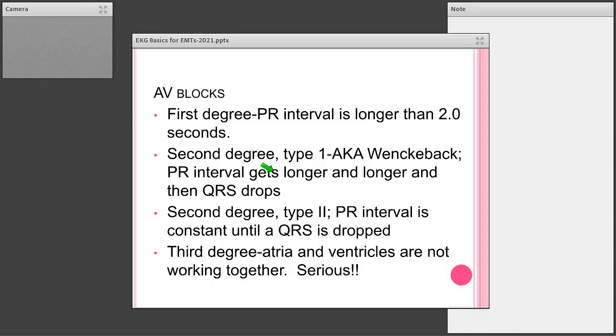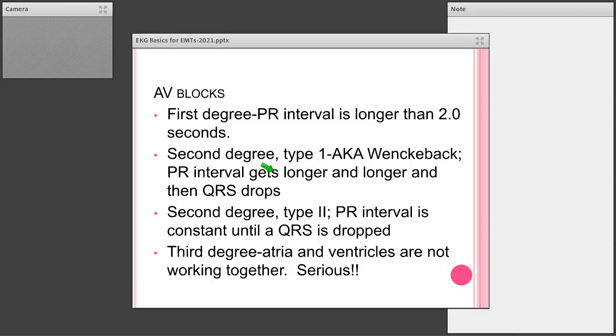If it's longer than 0.2 seconds, but every P wave has a QRS complex, we're going to call that a first-degree block. Typically, there is not an EMS intervention for a first-degree heart block.